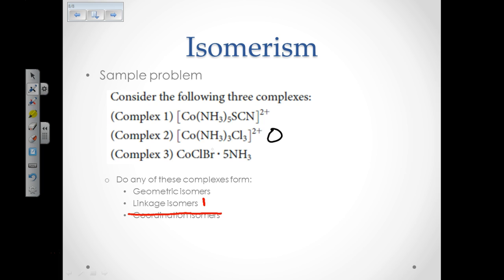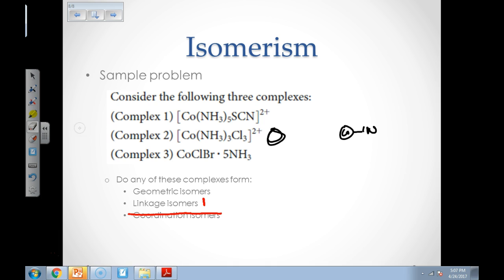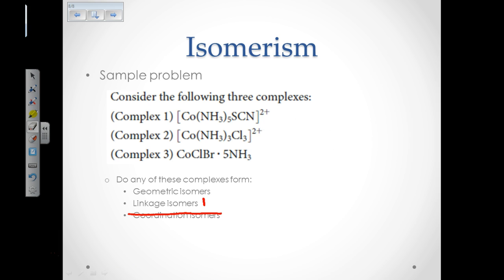Is it a linkage isomer? Well, ammonia bonds to the cobalt only through the nitrogen. That's the only place that it has a lone pair. And chlorine isn't one of those chainy looking things. So there are no linkage isomers here. So complex 2 is none of these. It could be a coordination isomer, but again, we're not really worried about the overly difficult ones.